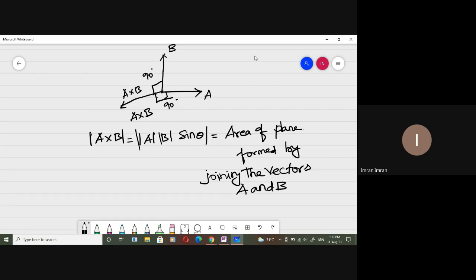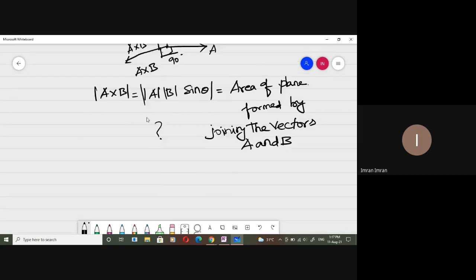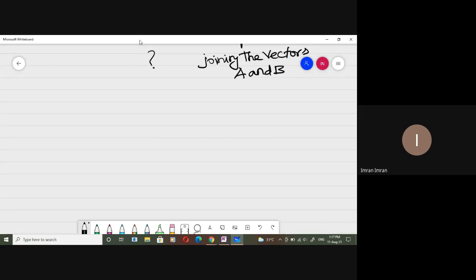How? Now take a plane. In that plane there is a vector A and another vector B. A cross B becomes perpendicular to both vectors. This is A cross B. Take the modulus of A cross B. This is equal to what?